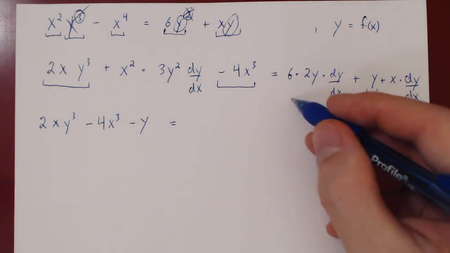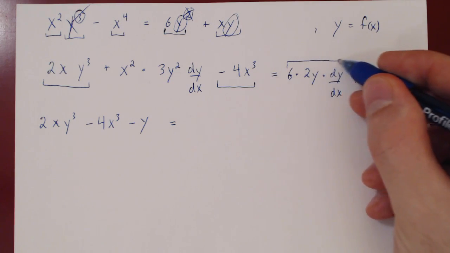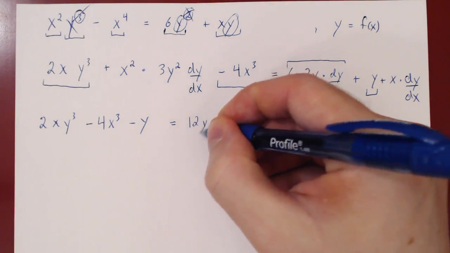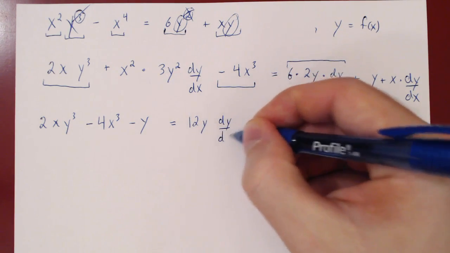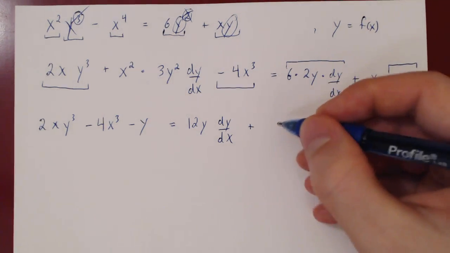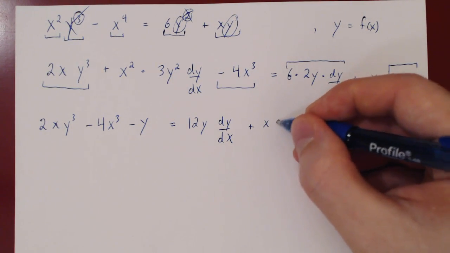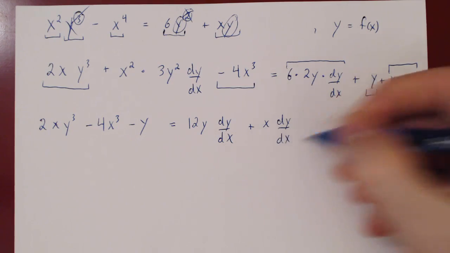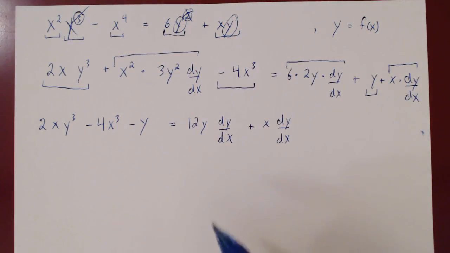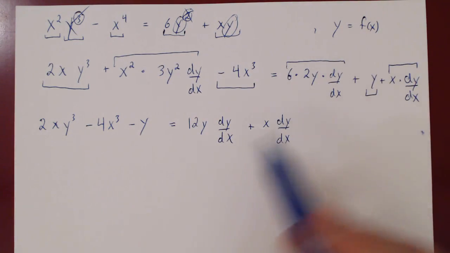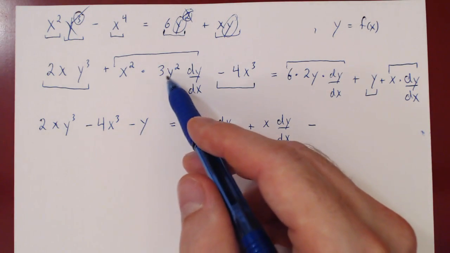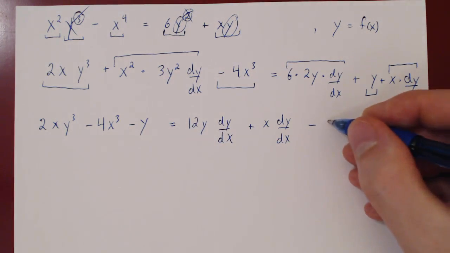Equal to, well, here we have now 12y dy over dx plus x dy over dx. And finally, now we send this term onto the right-hand side, so it becomes a negative 3x squared y squared dy over dx.